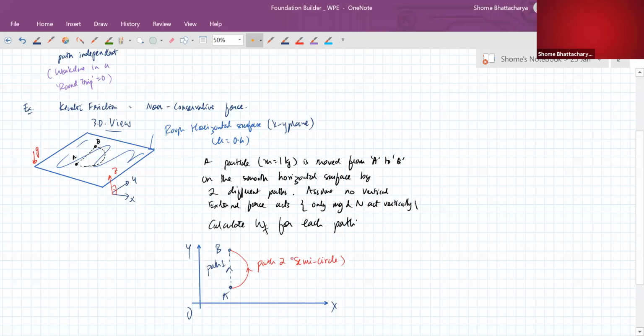The coordinates of these points are given in meters. So we have to calculate the work done by friction in path 1 and in path 2, given all this information. Just note down the question and try this out.